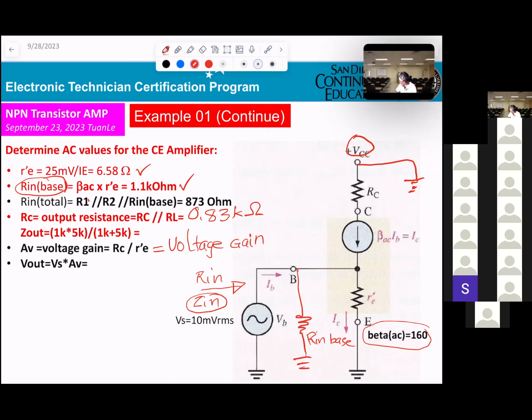And the voltage gain equals 0.83 over 6.8, which is 0.1266.